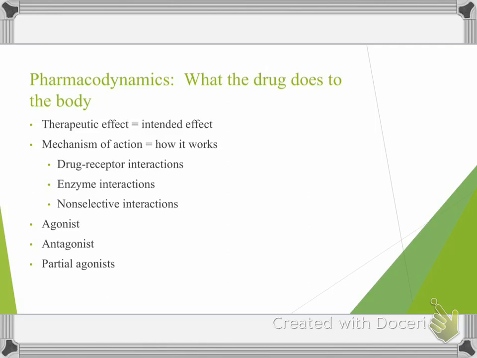A partial agonist has limited activity at the receptor sites. A lot of times you'll have the receptor activity, but you won't have the bad side effects. So it essentially does both. It's an agonist, antagonist kind of action.